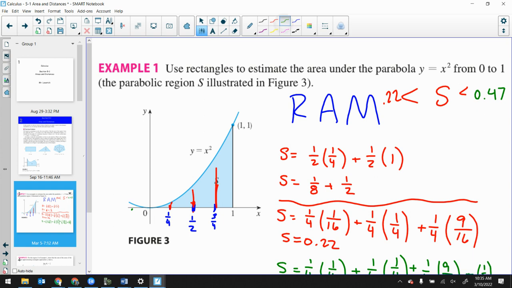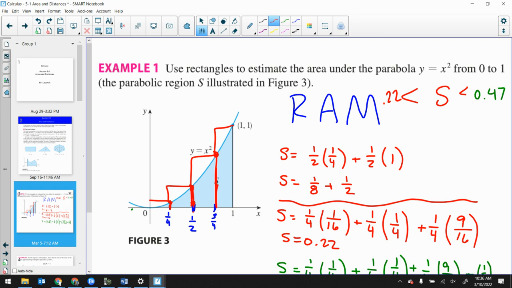See, every time I break it apart, I've got these points. And I'm breaking it into 4 sections, right? 1, 2, 3, 4. I have the choice to make: do I go here and find that area, which would be an under approximation, or do I go here and find those rectangles, which would be an over approximation?